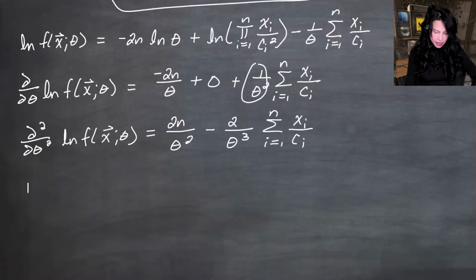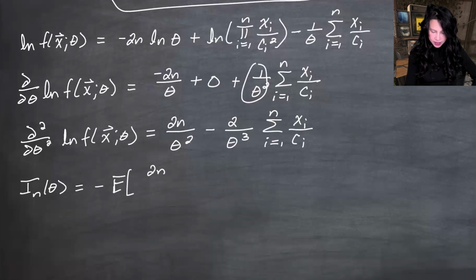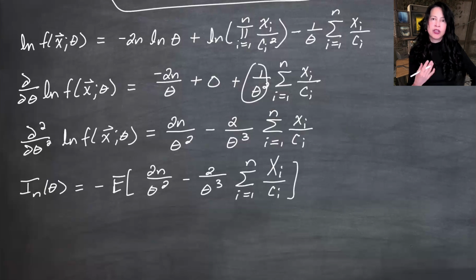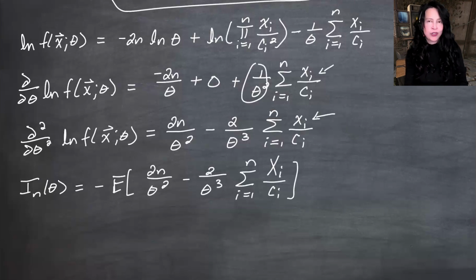Okay, so the n-dimensional Fisher information is the negative of the expected value of this: 2n over theta squared minus 2 over theta cubed, the sum as i goes from 1 to n of capital Xi over Ci. When you're getting to the actual information, it is the expected value of something with randomness in it. I didn't really make these capital back here because I was just doing algebra.